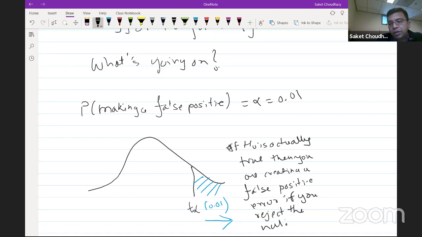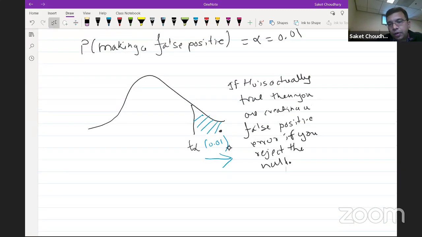And why am I rejecting the null? Because my data actually falls somewhere, let's say here. So if the data point happens to fall here, you're going to reject the null, but there's actually a very small probability of this happening, but there's still a possibility. And hence you're rejecting the null in a false positive way. It's called a false positive because the null is actually true, but you're saying that it's not true. So this is the terminology of claiming it to be a false positive. So you have a probability of 0.01 in one trial of doing that.